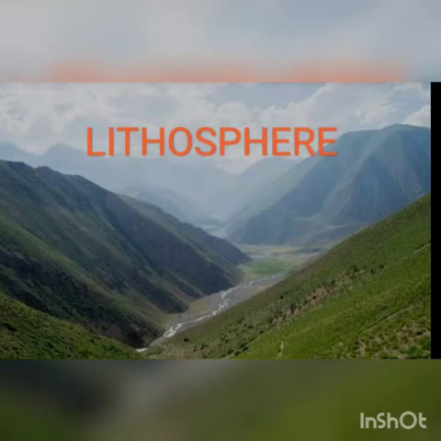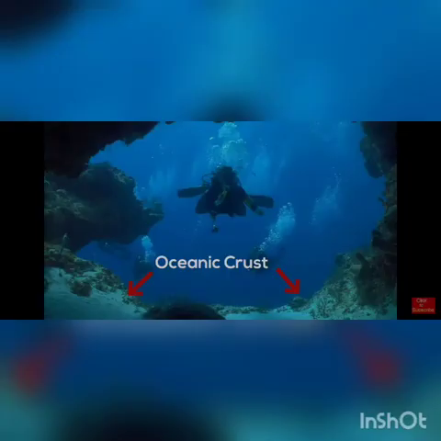The average thickness of the lithosphere is 100 kilometers. What is the thickness of the lithosphere? 100 kilometers. The oceanic crust means the ocean floor, it is about 8 kilometers. The ocean floor is about how many kilometers? 8 kilometers.